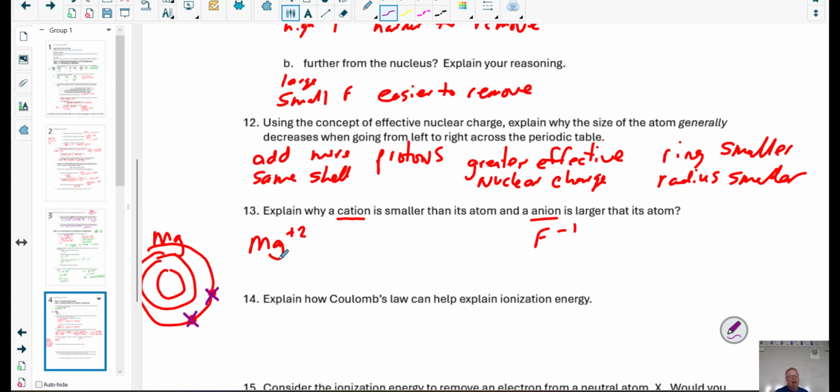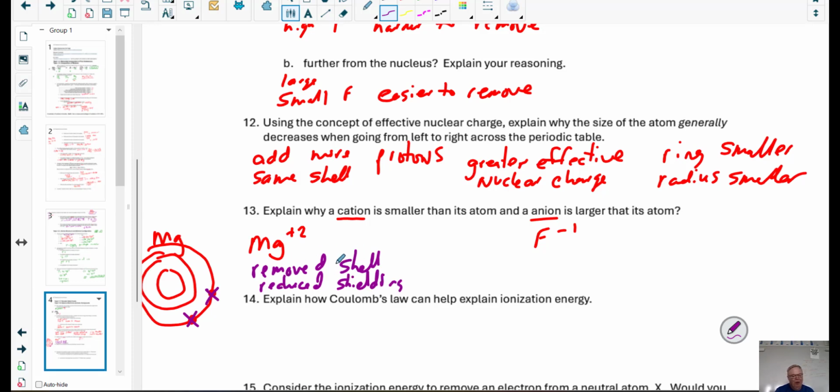So a cation is smaller than its neutral atom because we have removed a shell, or in other words, we've reduced the shielding.